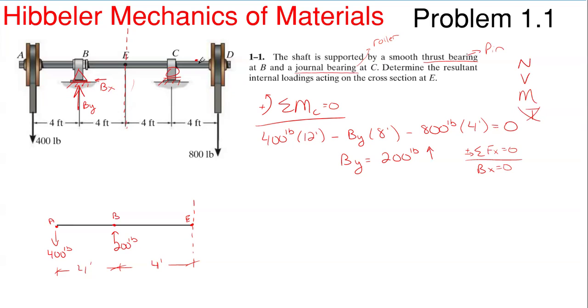In a 2D system like this, you would have to be told about torsion being applied. You would have to have it shown being applied, something like this. It's not happening here, so we don't have to worry about torsion in this case. We will eventually go over problems where you do have to worry about torsion later on.